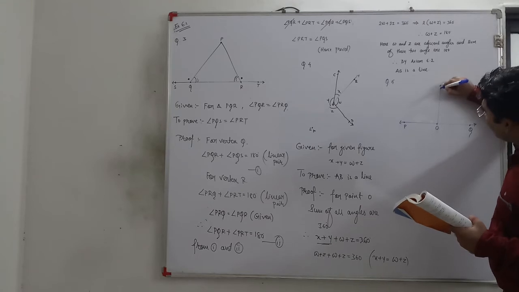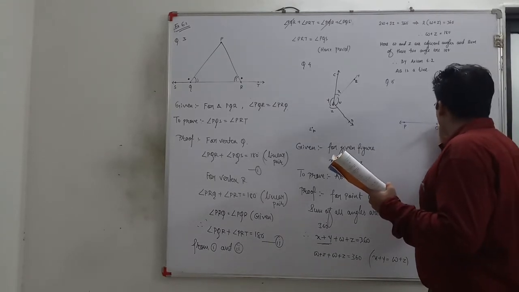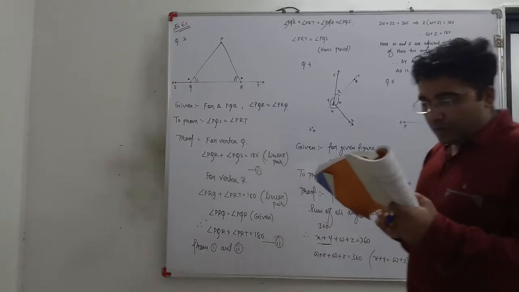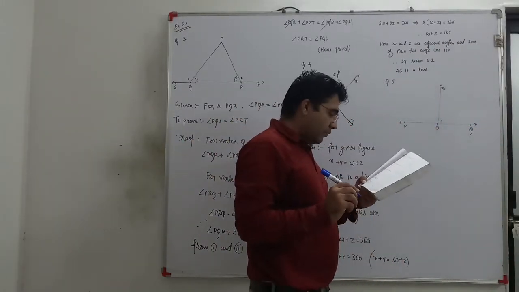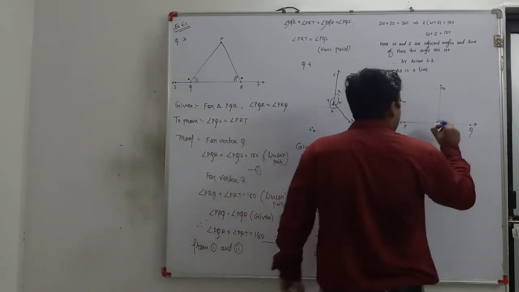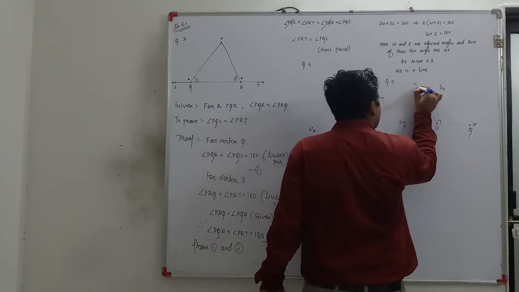So there is a line OR which is perpendicular to line PQ. OS is another ray lying between rays OP and OR. This is OS.